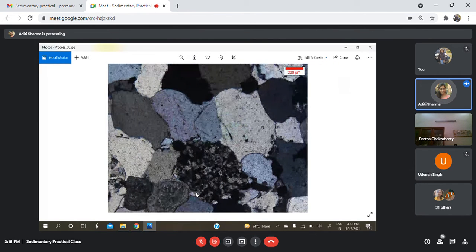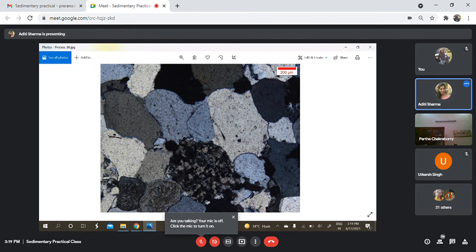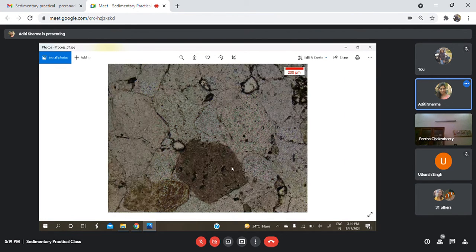Here also you can find a lithic fragment, and some silica cement along with other grains. It is quartz rich, and mostly it has lithic grains, a grain supported rock with sometimes silica overgrowth as cement, and matrix is almost absent.